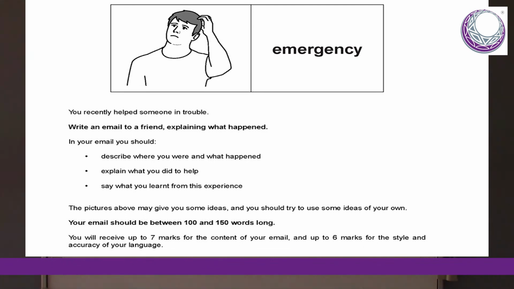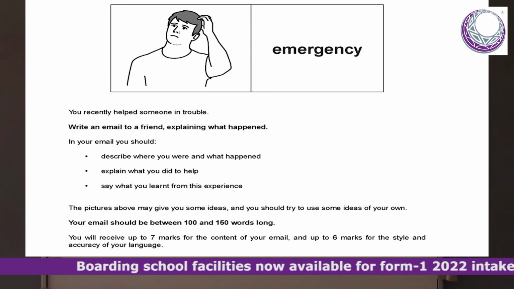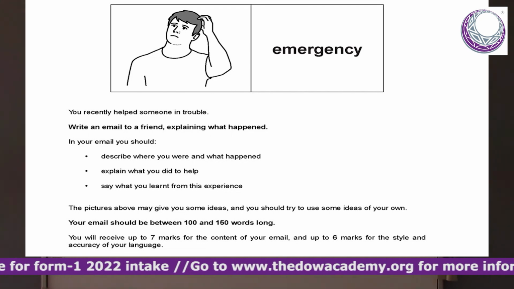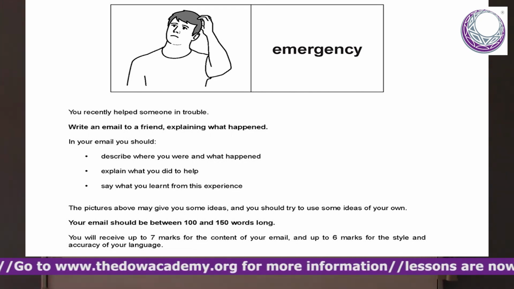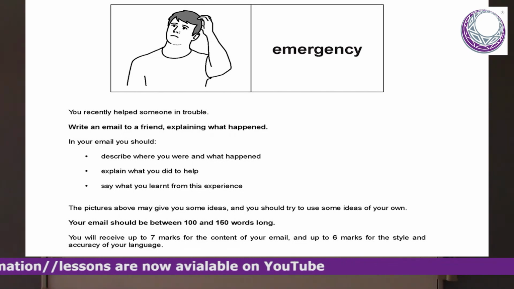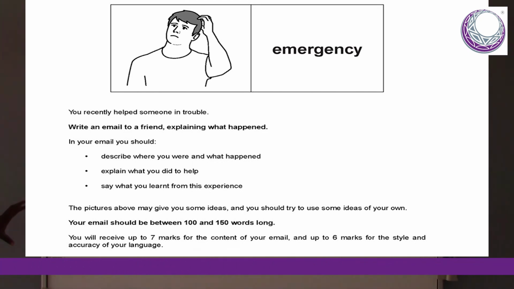So it is important, as in this case, that you go back to the question yet again: you recently helped someone in trouble. You, as the person that has to carry out this task, do not start using third person language. You go back to the lessons that you were given in terms of pronouns, so it has to be in first person singular.